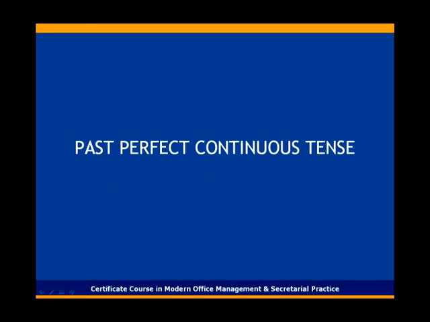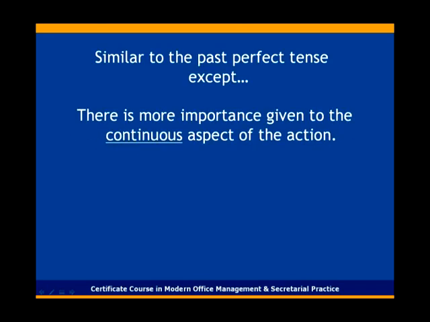The next tense we will learn about is the past perfect continuous tense. The past perfect continuous tense is very similar to the past perfect tense, except that there is more importance given to the continuous aspect of the action.